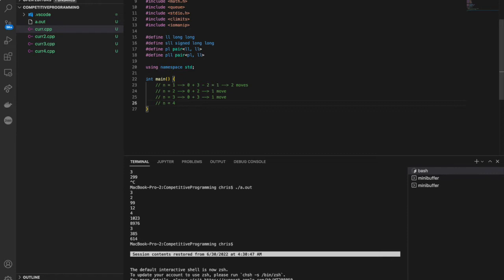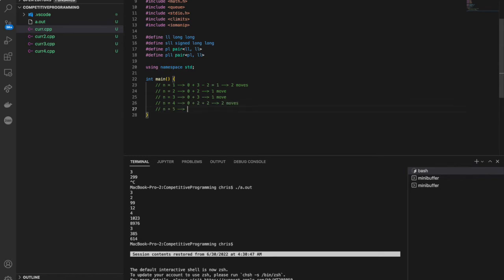we could build off our previous cases. We could start from n equals 2. We know the shortest way to get to 2 is 1 move, and we could just do a plus 2 here. 2 plus 2 takes 1 move to get to n equals 2, and we add 1 more move, so we'll have 2 moves here.